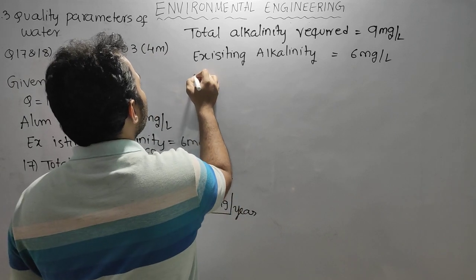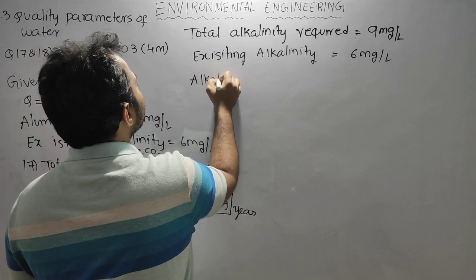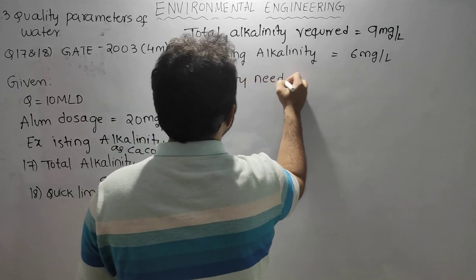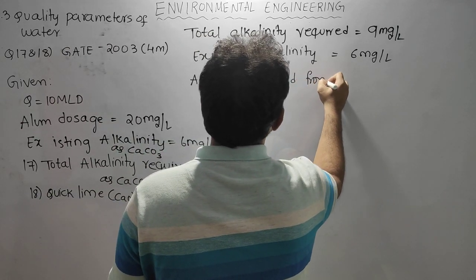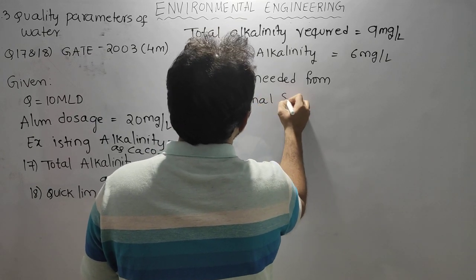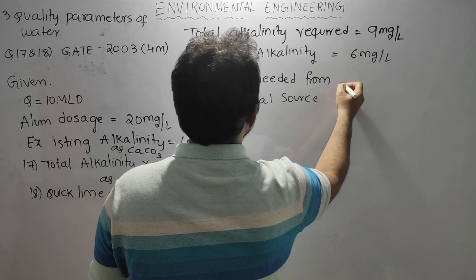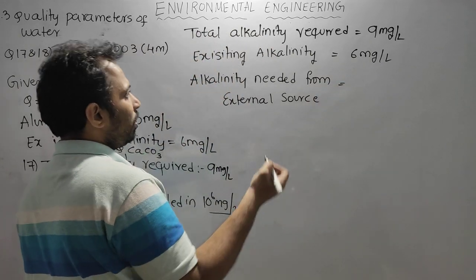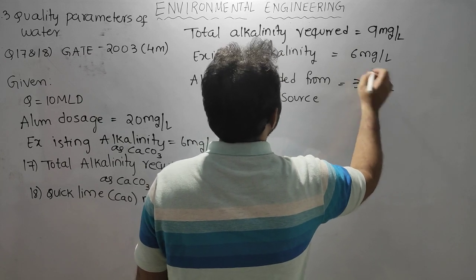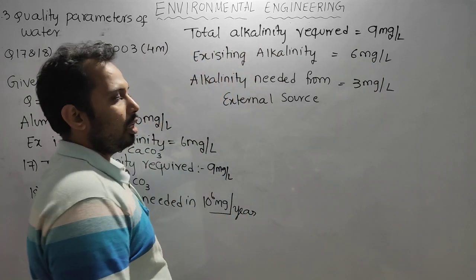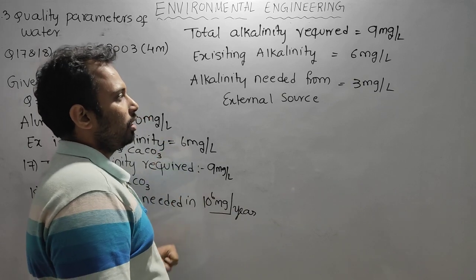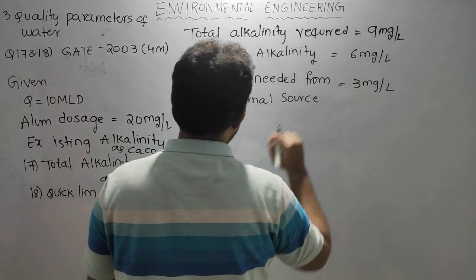So the alkalinity needed from external source is 3 mg per liter. In the water there is already 6 mg per liter of alkalinity present, so the remaining gap we need to give from the external source, that is 3 mg per liter.